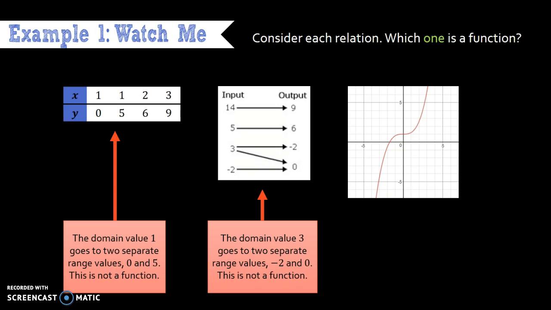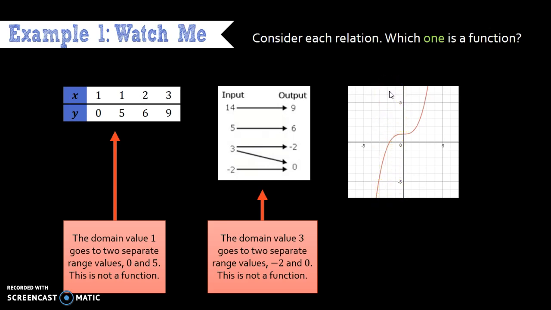And finally, let's take a look at our graph. If we were to place a straight up and down line, a vertical line, on our graph, that's going to show us what's happening at certain x values. So right here where I'm tracing, I'm just testing this x value of -2. And I'm seeing that I'm only passing through my graph in one location. I am okay.